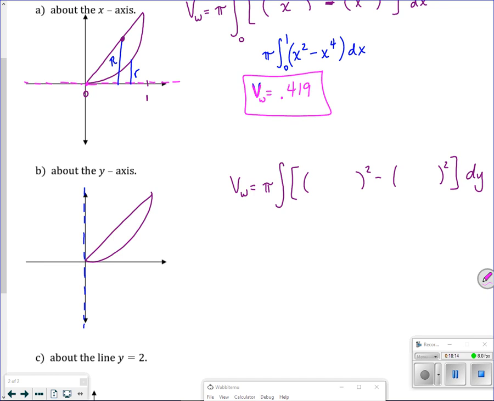Now, which means a couple things. For one, my bounds have to be y values. Now, I know it doesn't look like it on this one, but if you had found these bounds, you would have to say the bounds this way.